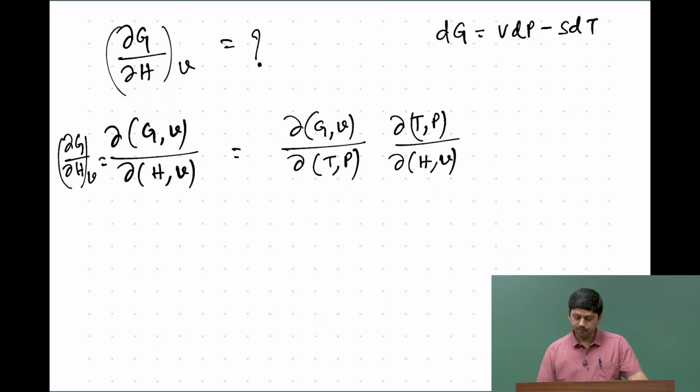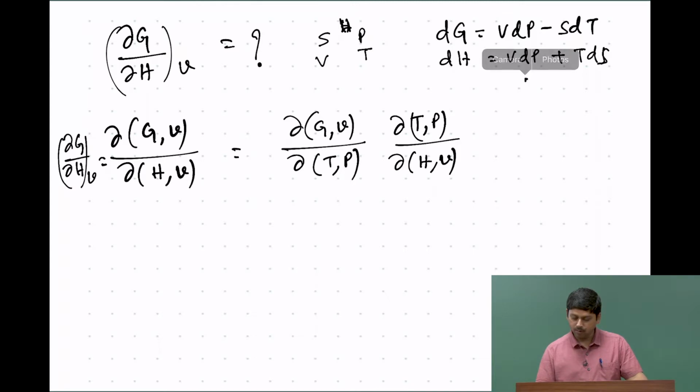So, this is particularly fine, and for H it is V dP plus T dS, I guess. So, remember our S P T V thing, and H is a function of S and P. So, these are the variables that we get.